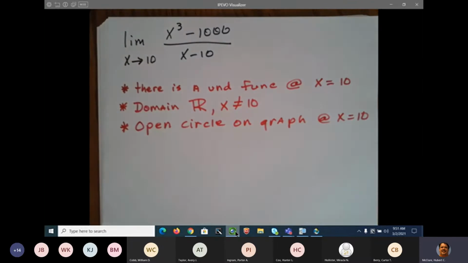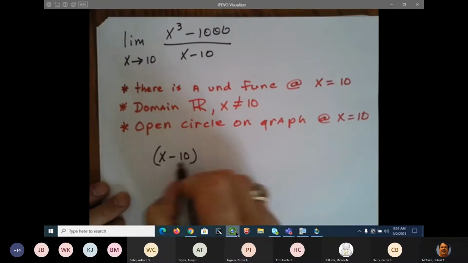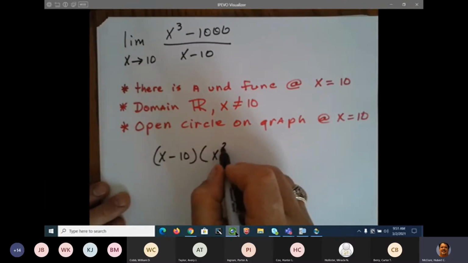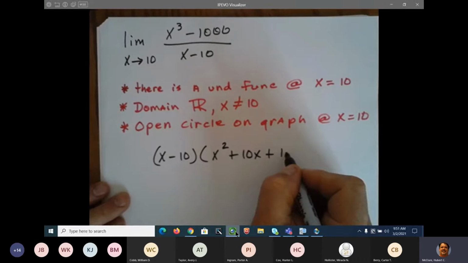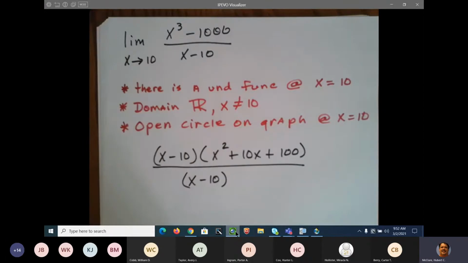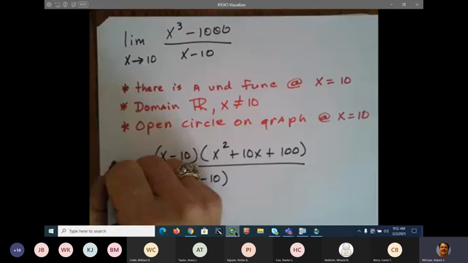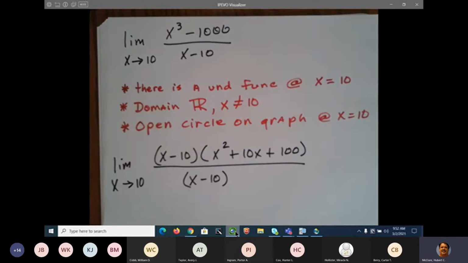Now you're going to use your algebra, which is shortcut number 5 on the top, which is x minus 10 times x squared plus 10x plus 100, over x minus 10, limit as x approaches 10. Well, what happens with the x minus 10s?